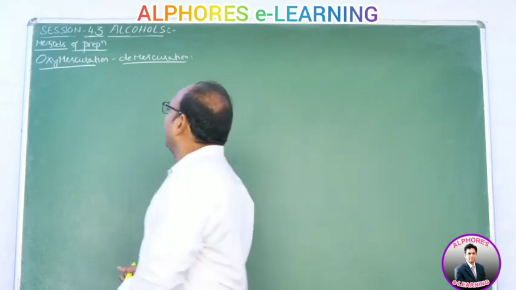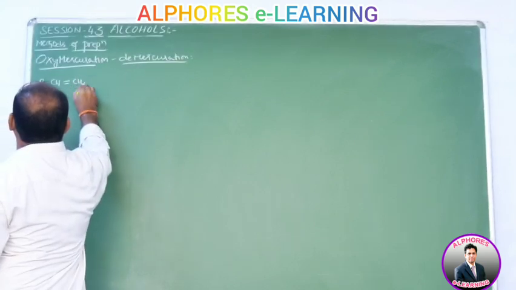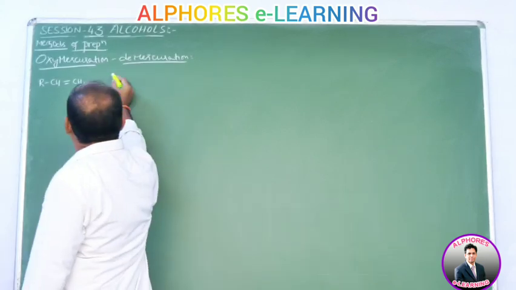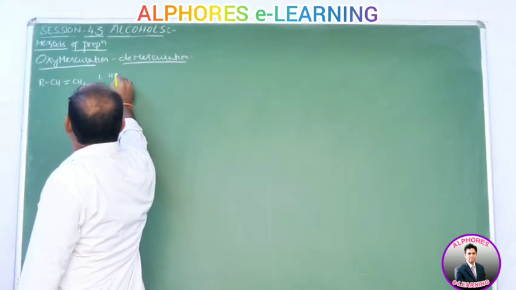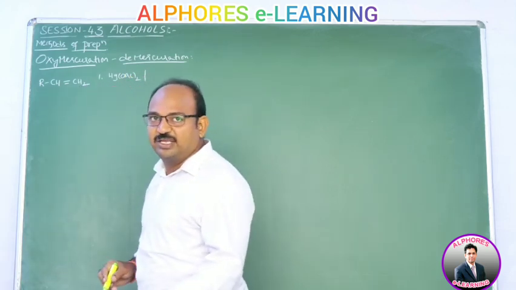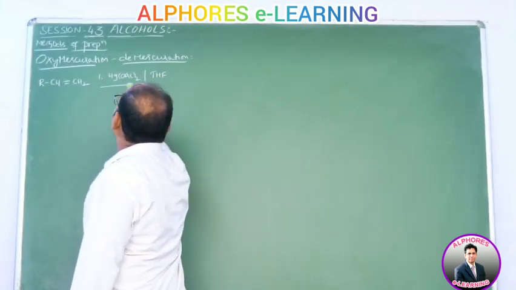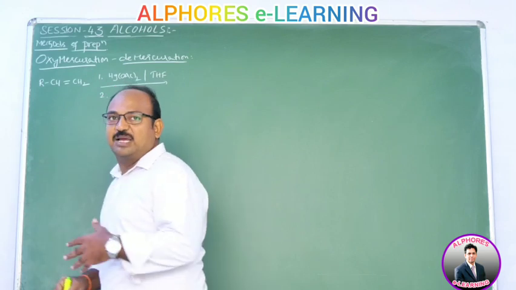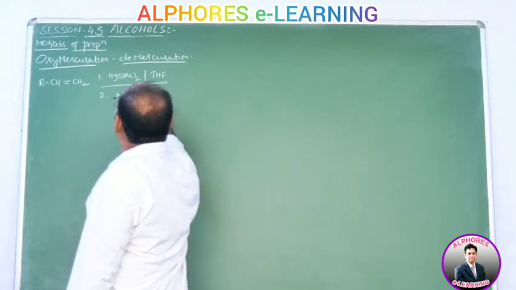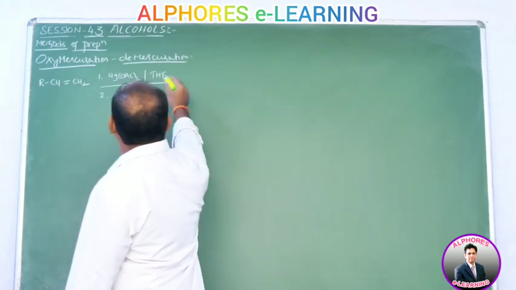Here, RCH=CH2, again an unsymmetrical alkene, reacts with Hg(OAc)2, mercuric acetate, in THF solvent. For the second step, demercuration, we use alkaline sodium borohydride.